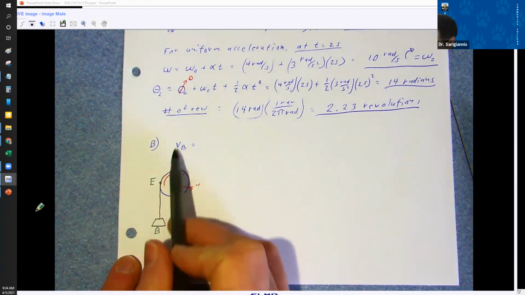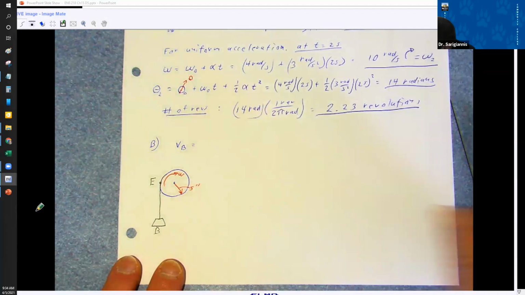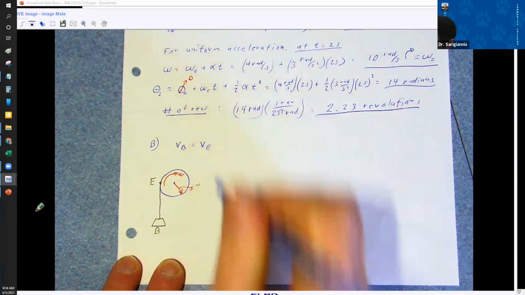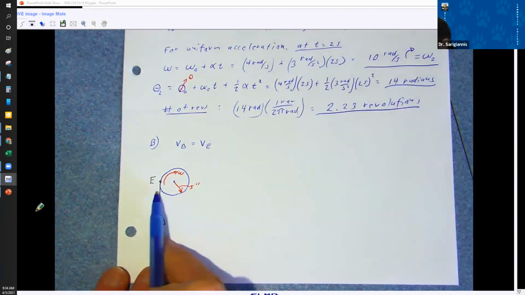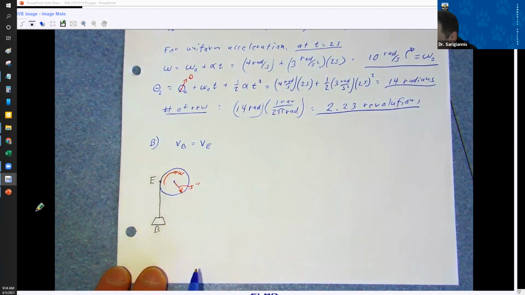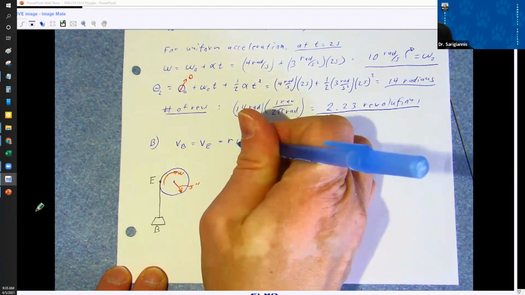VB, the velocity of B, is going to be equal to the velocity at E, because E is where the cord is making contact tangentially to the pulley. And that's just going to be R times omega.